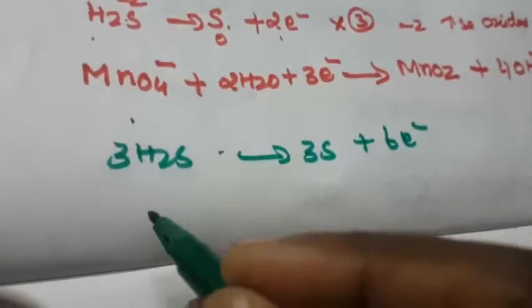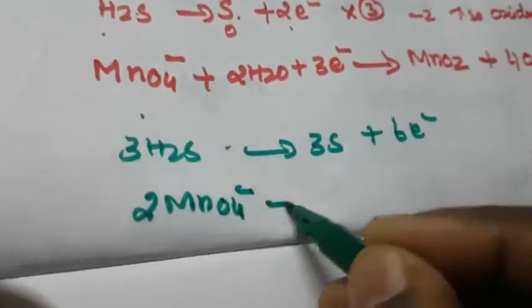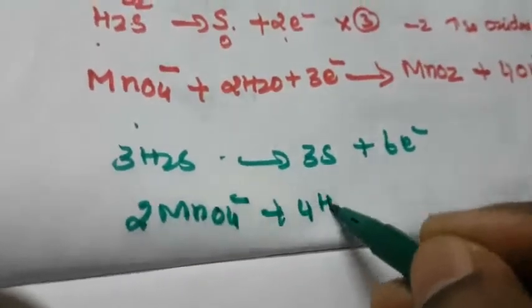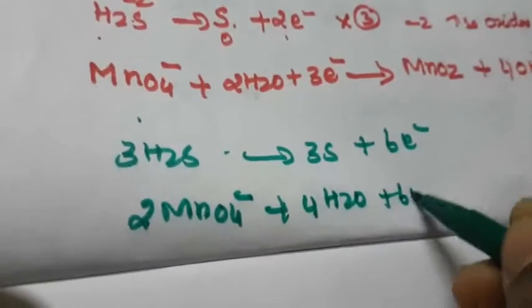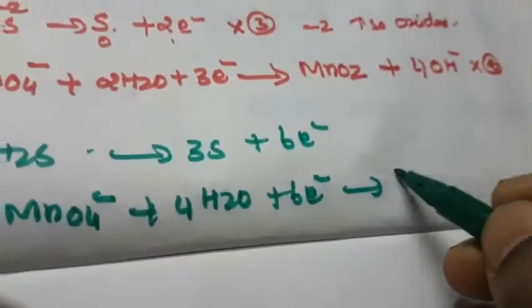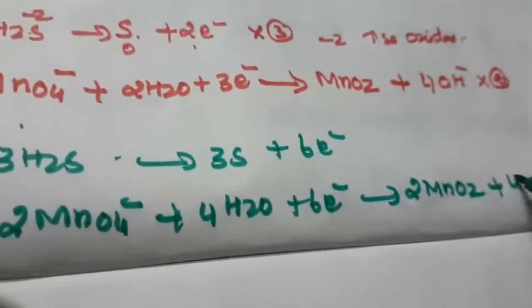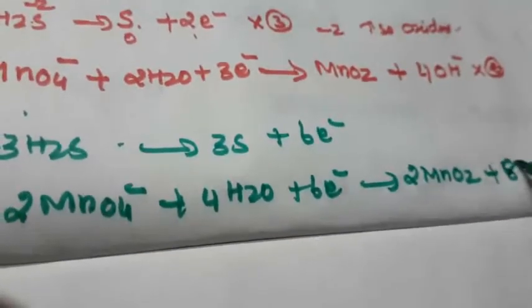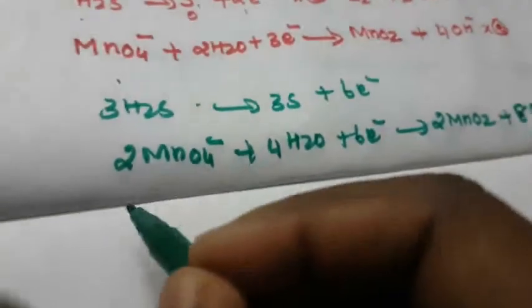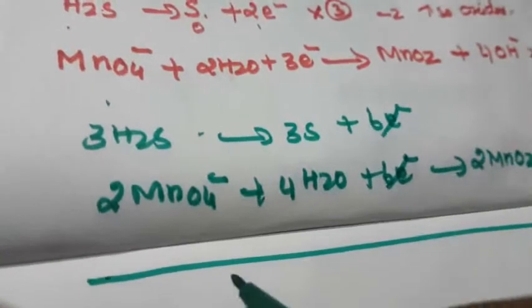So how to write it? 2MnO4 minus plus 4H2O plus 6 electrons gives 2MnO2 plus 8 OH minus. Now you add these two equations, and cancel on both sides.